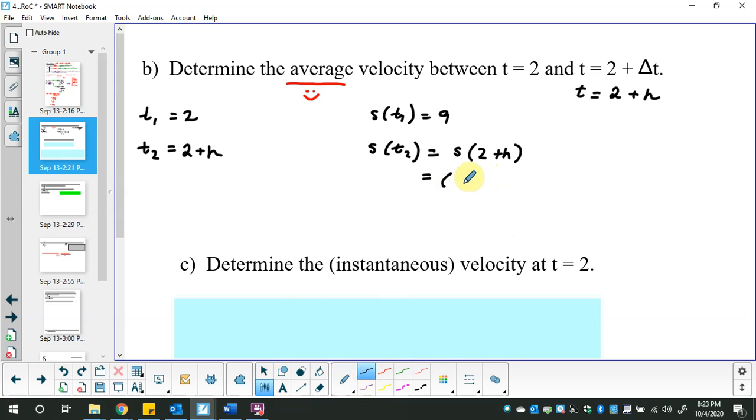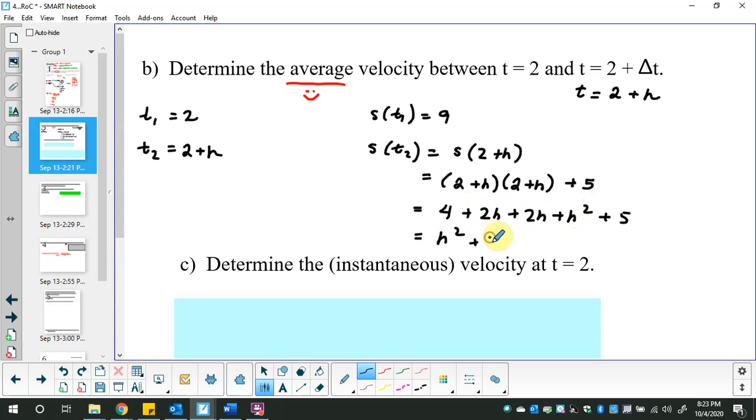So instead of t squared, it's (2 plus h) squared plus 5. FOIL time. So that's h squared plus 4h plus 9.